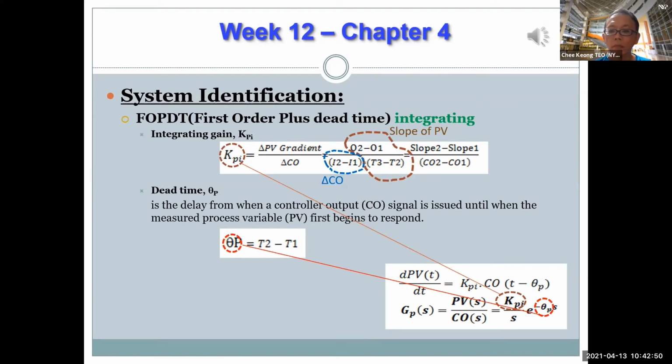With dead time and integrating gain found, we can again construct GPS. Same as self-regulating, the KPI must be in percentage over percentage and dead time must be in minutes. As already described, your dead time will be involved in your e to the power minus theta ps because of this shifting function, right?